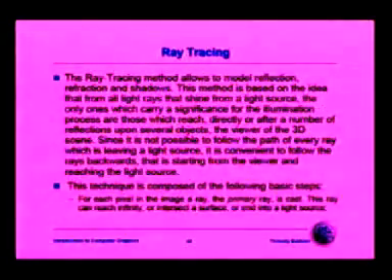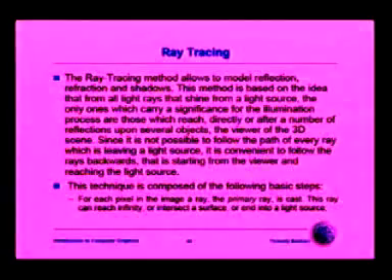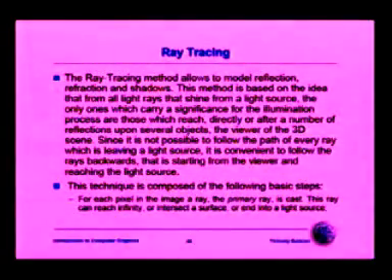What's the difference? The ray tracing approach is based on optical geometry. In optical geometry, light is modeled as a ray. This ray has the property of going through objects and being reflected, or refracted, which is deviated through a transparent object, or absorbed.